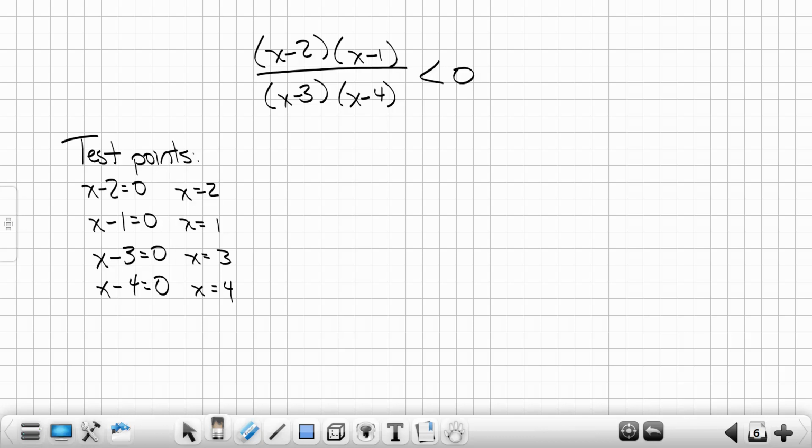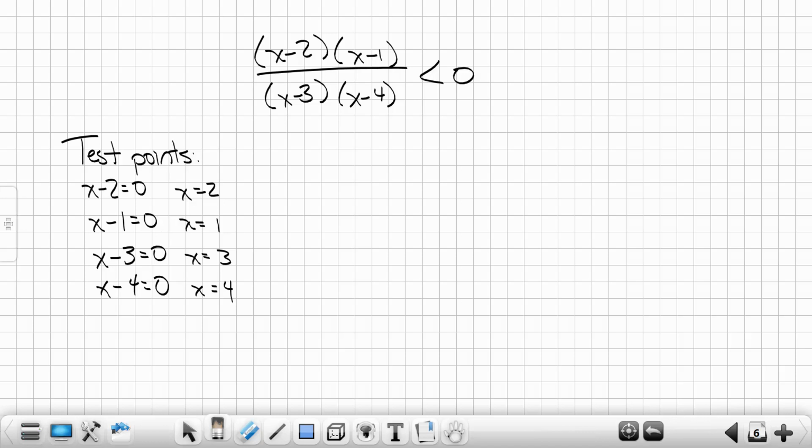If I put in 2, what would I get? I'd get 0, because that would make that one 0, and 0 divided by anything is 0. If I plugged in 1, I'd get 0. If I plugged in 3, I'd get undefined because I'd be dividing by 0.